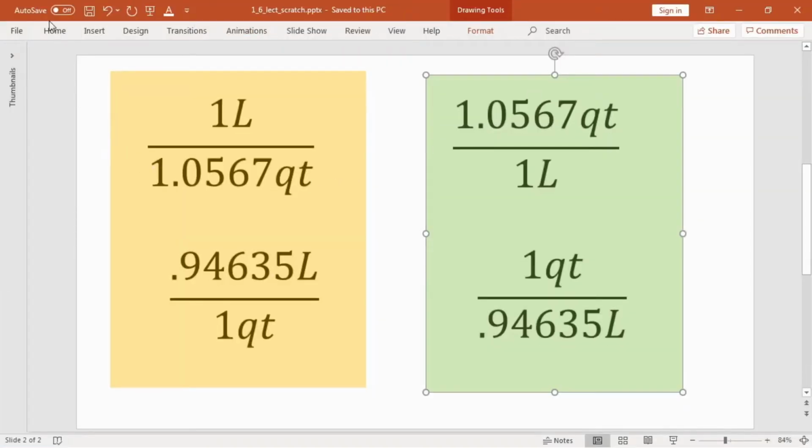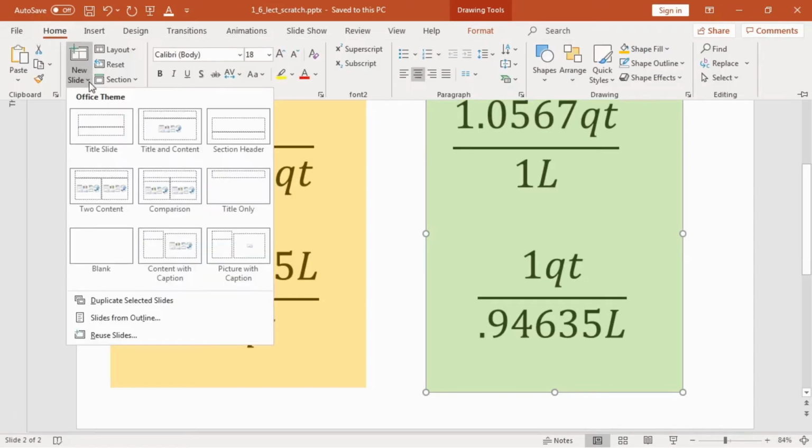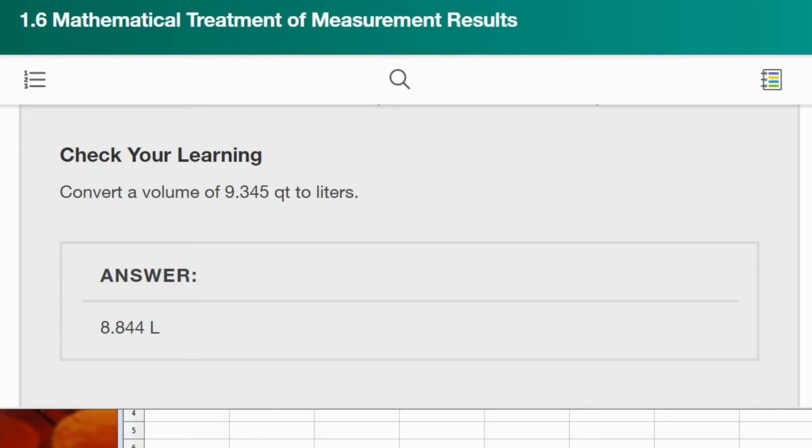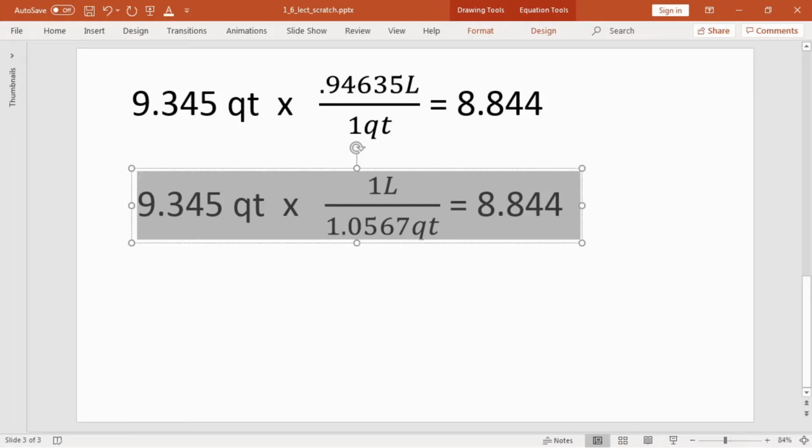That's our conversion factor. Now I'm going to put in a new slide. What I had to do is pause the recording a little bit and do some quick write-up on my virtual chalkboard, so to speak, which is really a PowerPoint slide.